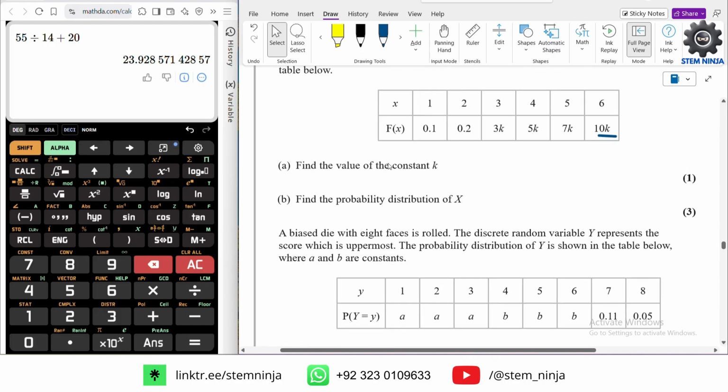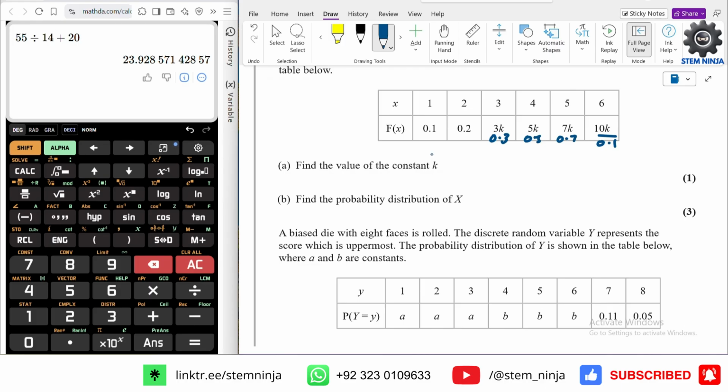Find the probability distribution of x. So you can see that this would be 0.3, 0.5, 0.7, 0.1. So going from over here to over here, this is not a big jump. So probability of x would be 0.1, and since the sum over here is 0.2, 0.2 minus 0.1, 0.1, 0.3 minus 0.2, 0.1, 0.2 because it jumps 0.2, then 0.2 further again, and then 0.1.